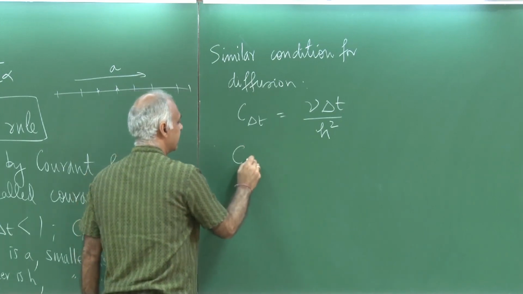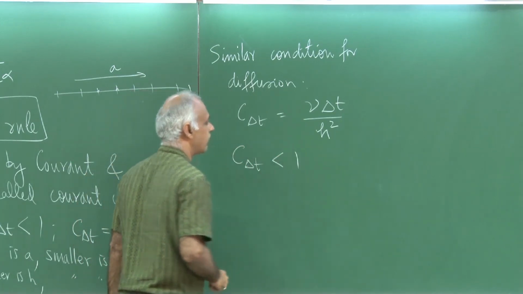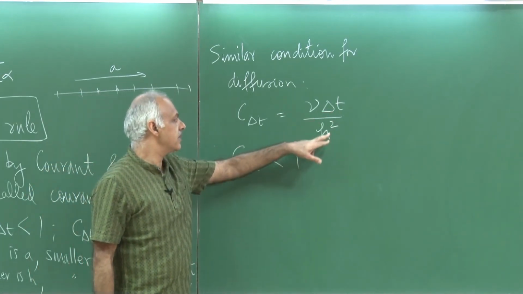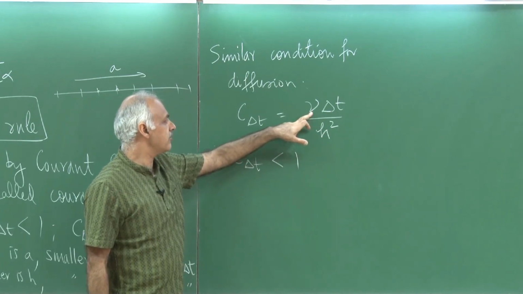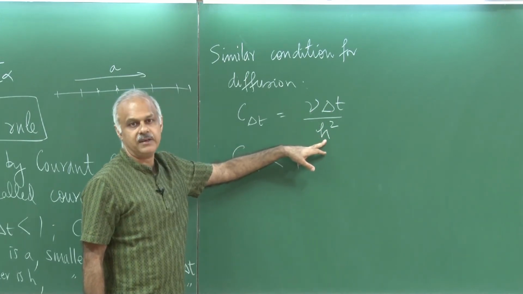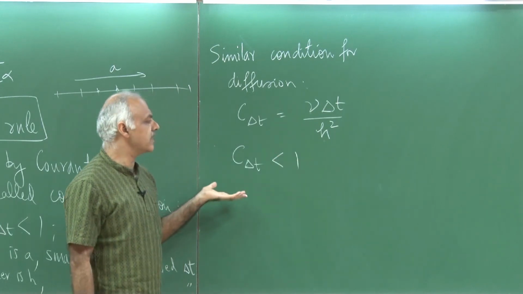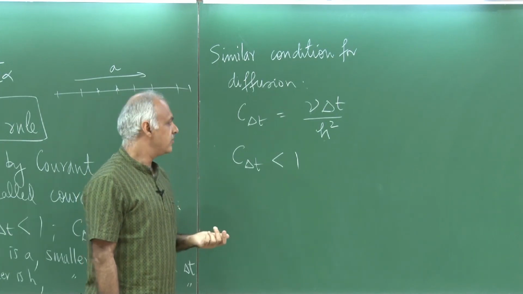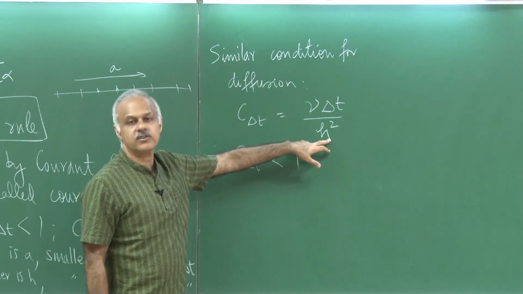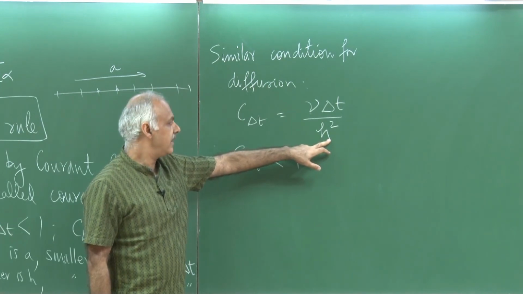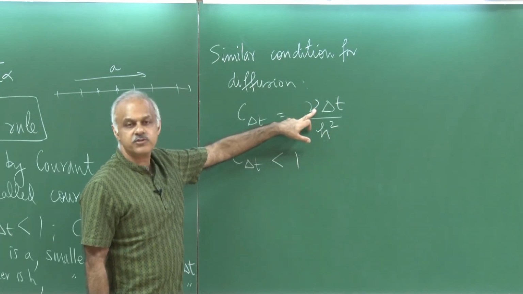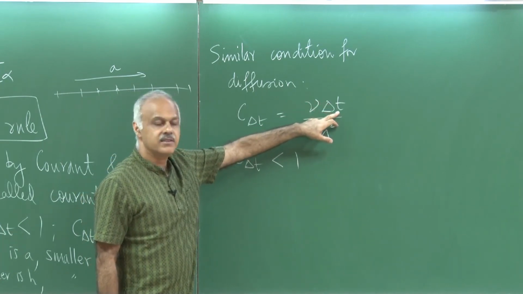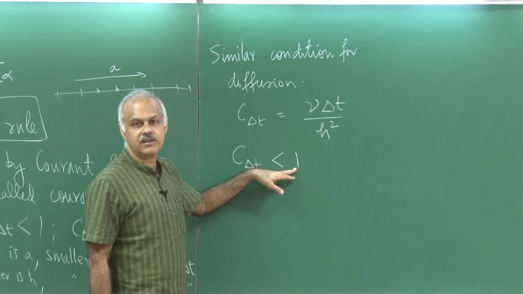So, again we would like C delta T to be less than 1 for choosing a time step depending on what is my coefficient of viscosity and what is my element length. So, these are only thumb rules, and what is being said is that when you are doing a calculation, you look at what is the smallest element size that you have, okay, and you look at what is the largest diffusion coefficient you have and base your delta T so that C delta T is less than 1.